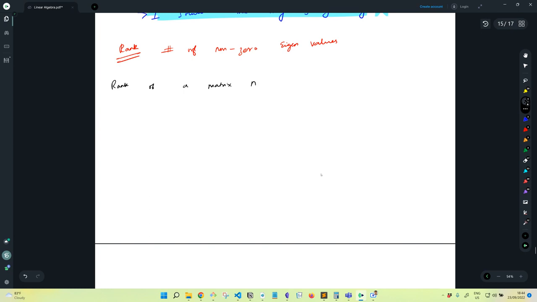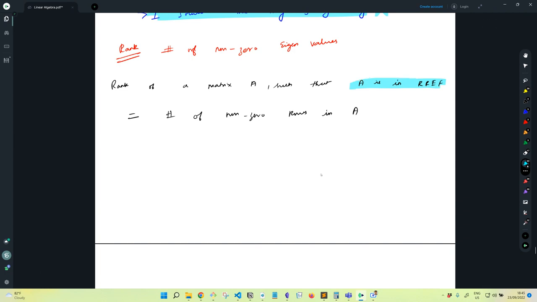Rank of a matrix A such that A is in RREF equals the number of non-zero rows in A. This rank equals number of non-zero rows is applicable only for matrices that are in RREF format.